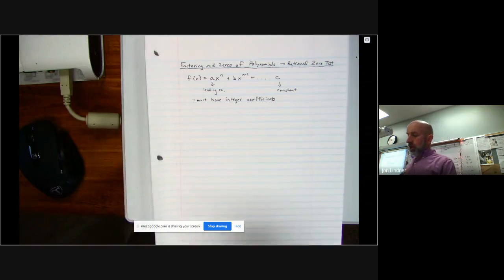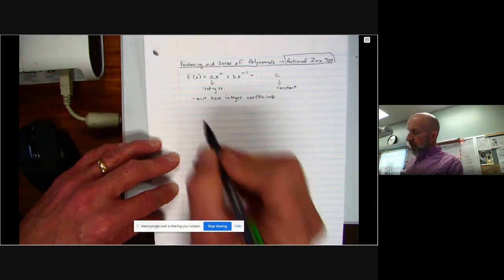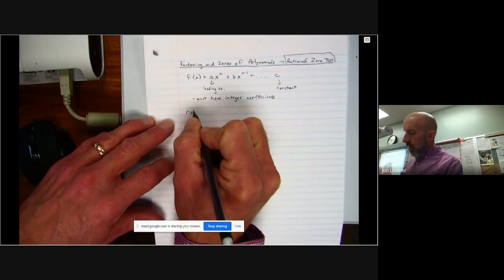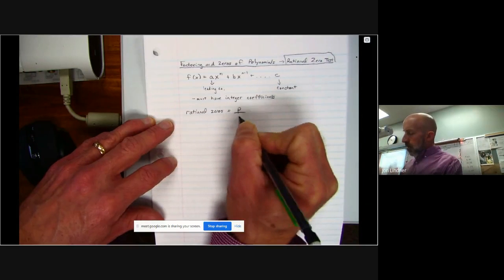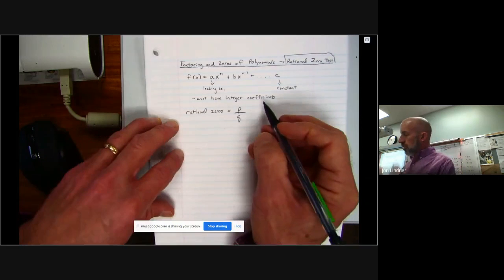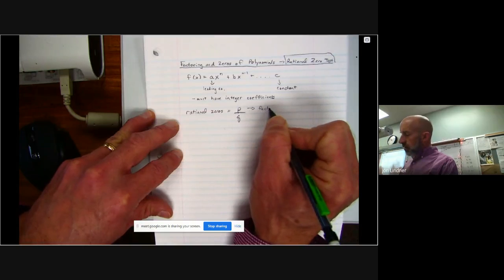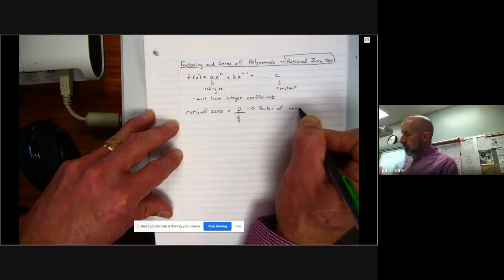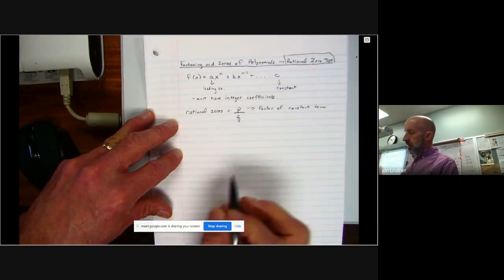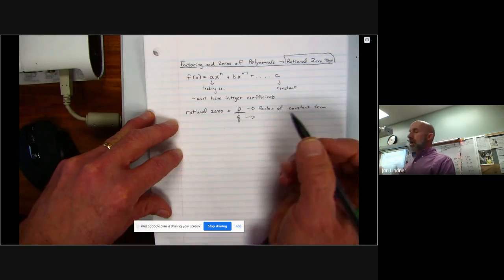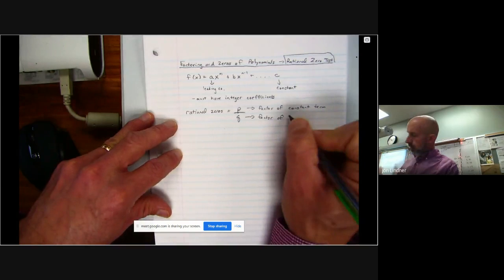All right. So here's what this rational zero test says. It says that I can find rational zeros by doing P divided by Q, where P is a factor of the constant term, and Q is a factor of the leading coefficient.